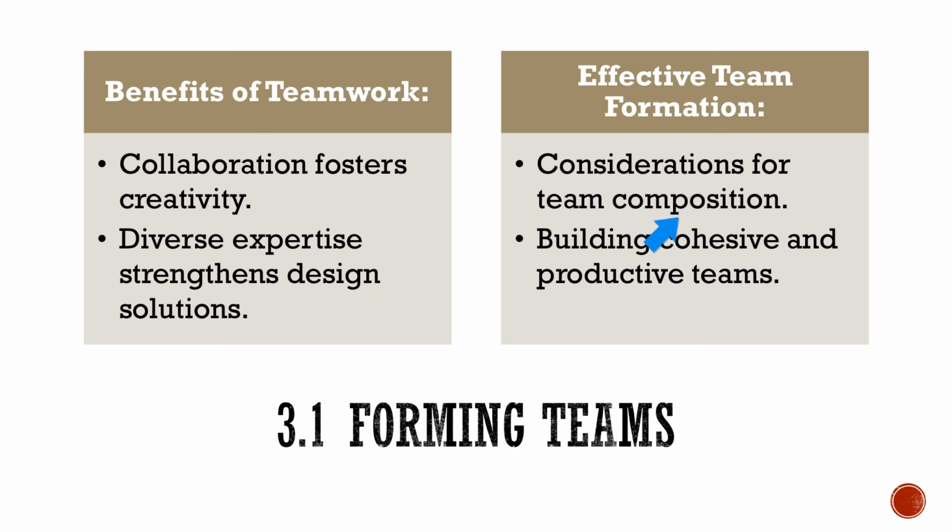That means that when you have a number of individuals with different skill and knowledge, usually we can select and put that individual into their role to form the team.